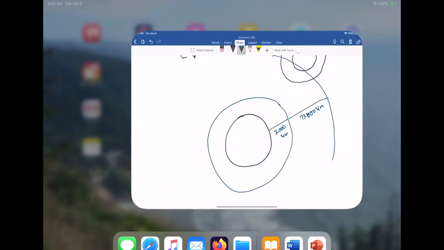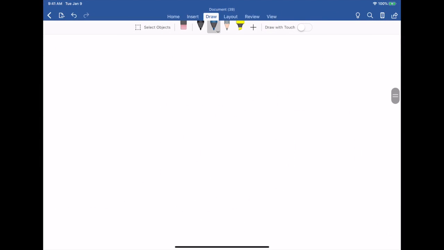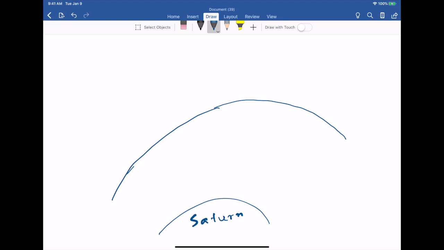So the question is the following. Here is Saturn. Okay, I'll just draw. Maybe Saturn is somewhere at the bottom. I'll just draw Saturn over here. And let's just focus on one ring of Saturn, which is the F ring. It is a band of particles that are orbiting Saturn, like this.